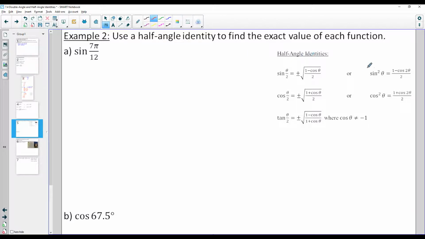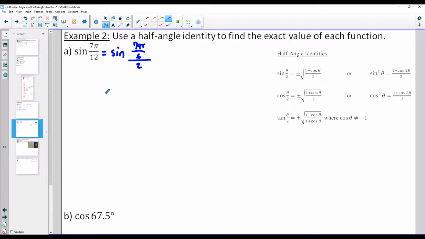And so we don't have a squared here, but we do have sine of theta over 2. And really, we can rewrite this sine as the sine of 7 pi all over 6 divided by 2, right? Because really you would multiply these denominators, so that would be 7 pi over 12. And now we have this theta over 2 thing where our theta is 7 pi 6, right?